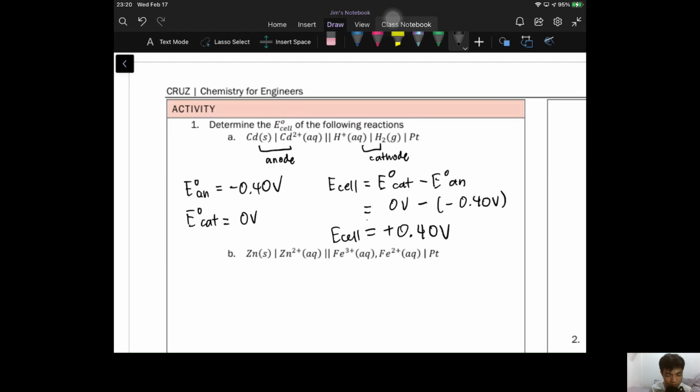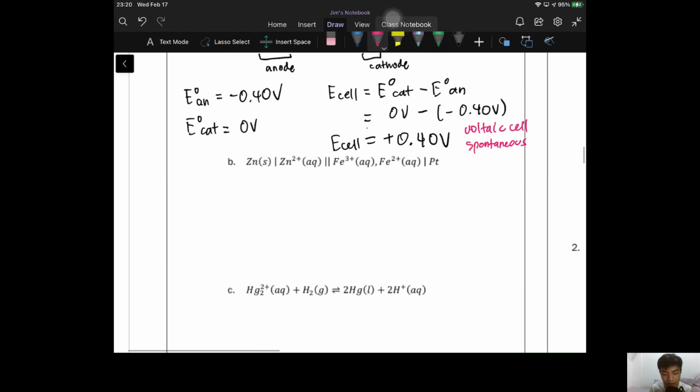Okay. So kapag positive yung E cell mo, that is voltaic cell. So ibig sabihin yan, magbibigay yan ng kuryente. That is voltaic cell, and that means it is spontaneous. Spontaneous meaning tuloy-tuloy yung reaction. Magbibigay ng kuryente.